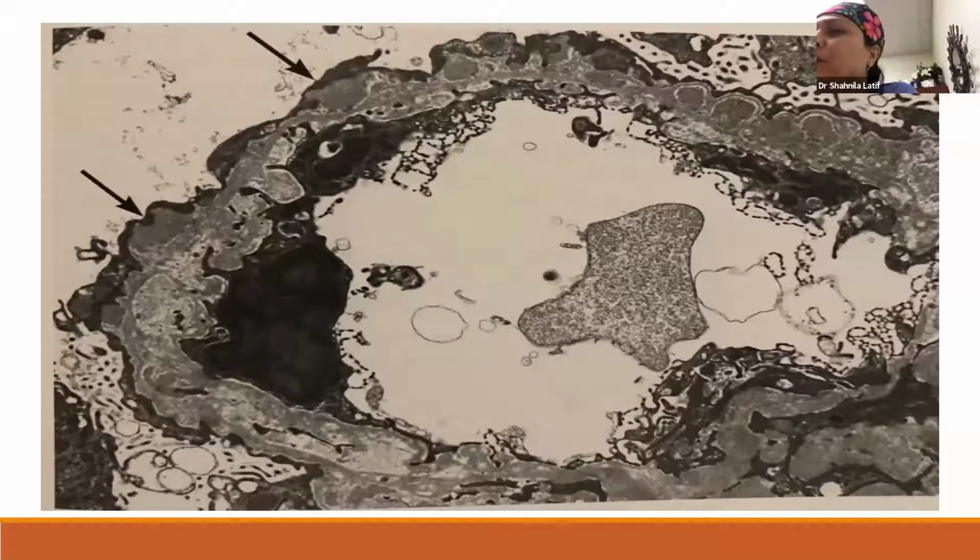They involve the basement membranes, could be above, inside, or disappearing. I've missed stage 2, which is spike-like, the very early reaction of the basement membrane, which gives you a spike appearance on silver stain, which is hard to see in this picture because this is not showing the spikes here.